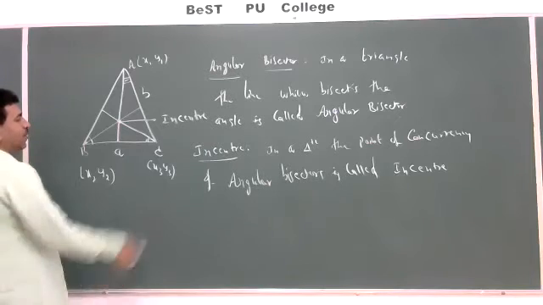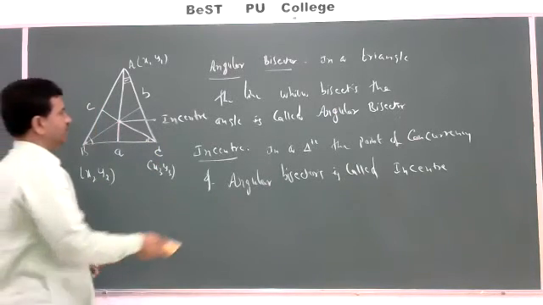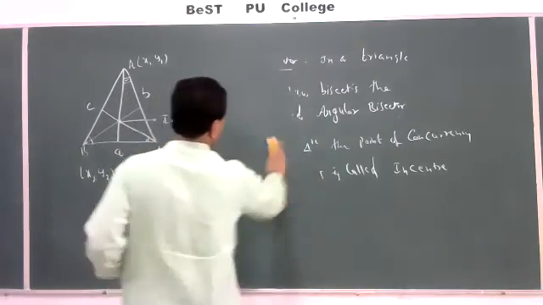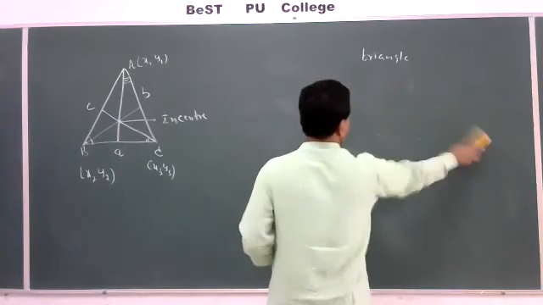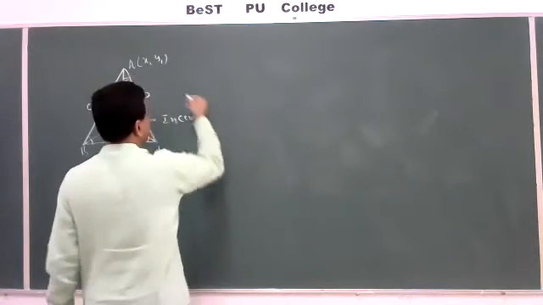Let opposite to C be small c. First write these values. In a triangle ABC, this is the formula for incenter.